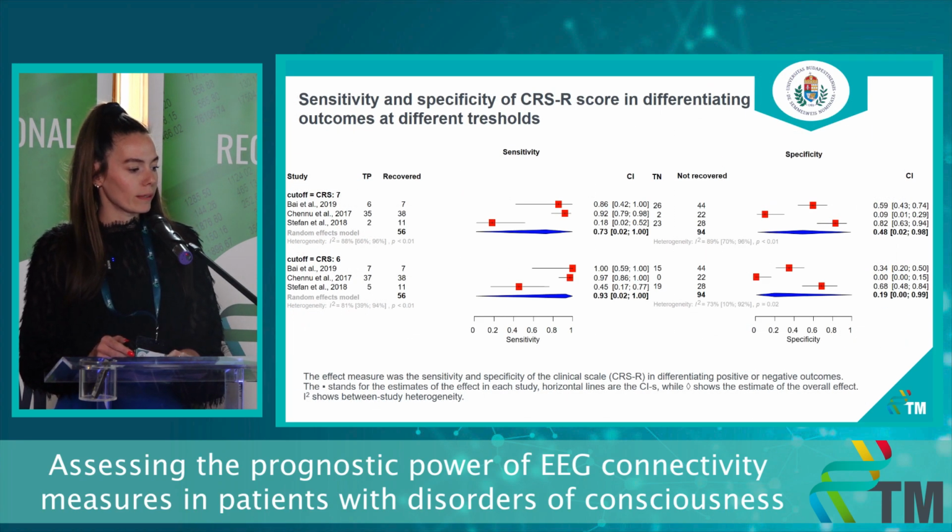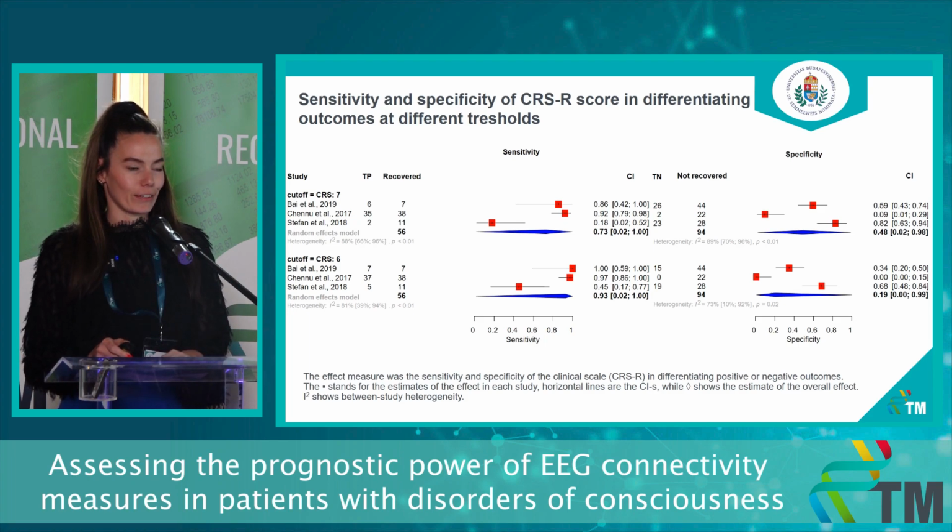Even though we see that the CRS-R is not a really trustable measure in prognostication, we calculated the sensitivity and specificity of the CRS-R score. And we could see that the heterogeneity is pretty big, but we couldn't conclude any reason for this, only that it's a small population.